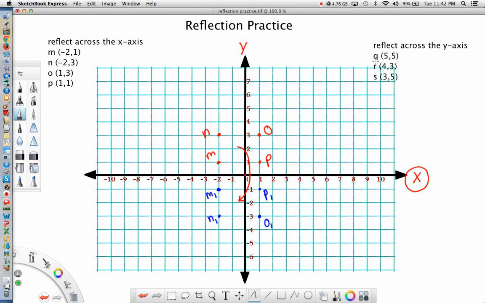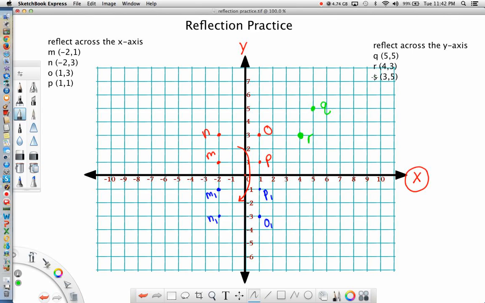Point Q is at 5, 5, so it's 5 to the right and 5 above, which we'll put right there. That's point Q. And then point R is 4 to the right and 3 above, which is right there. I hope you guys can see this.